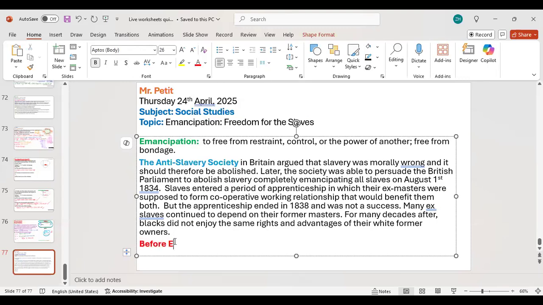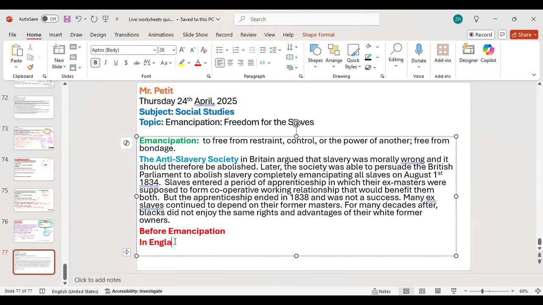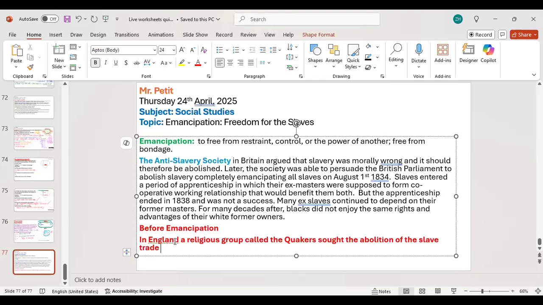Before emancipation, in England, a religious group called the Quakers sought the abolition of the slave trade in the British Empire.